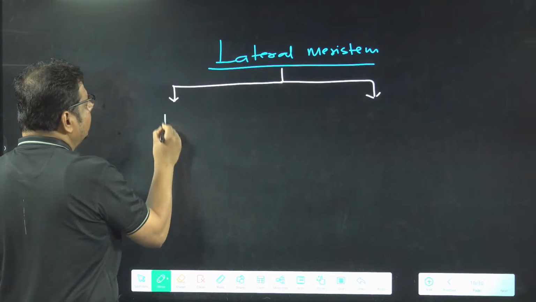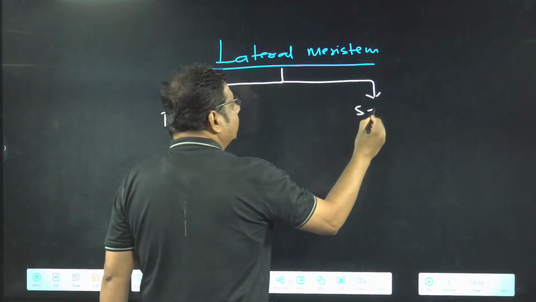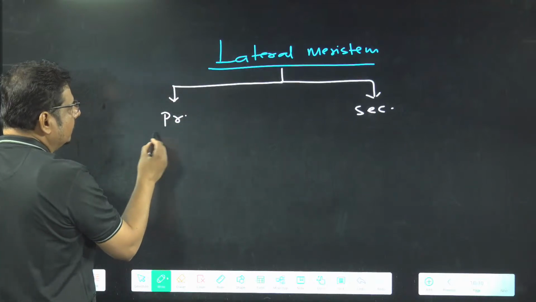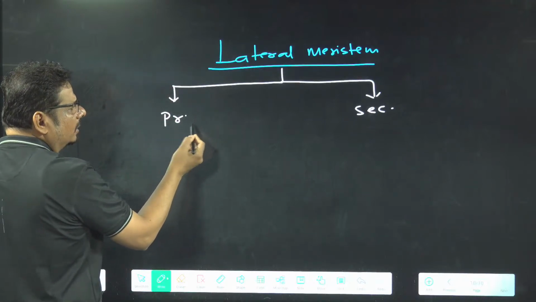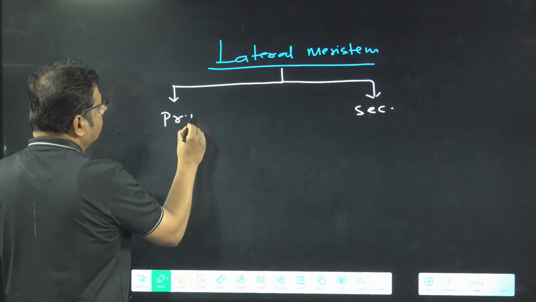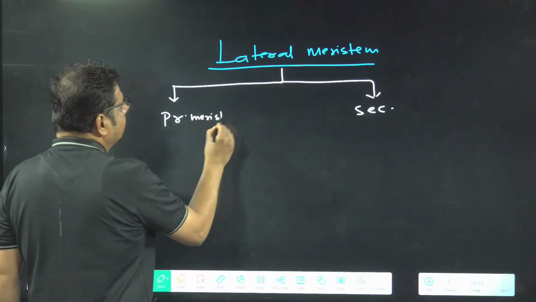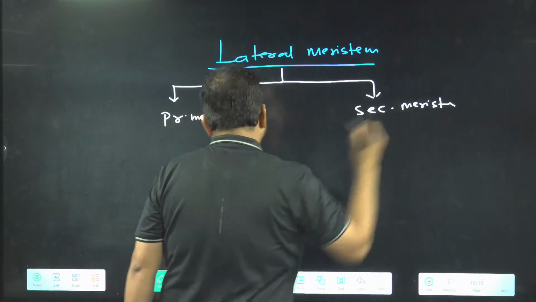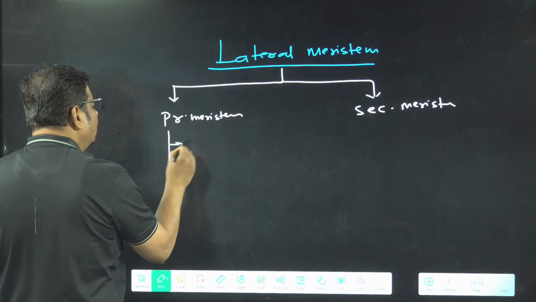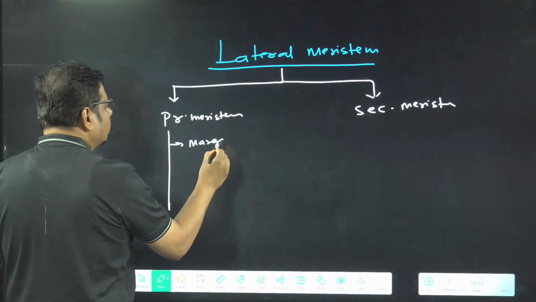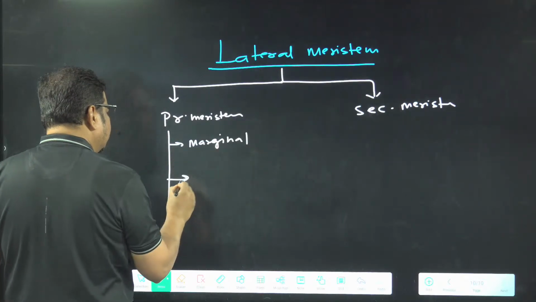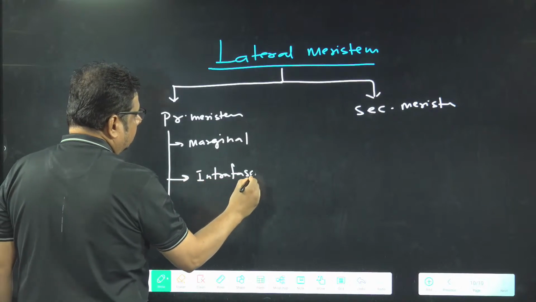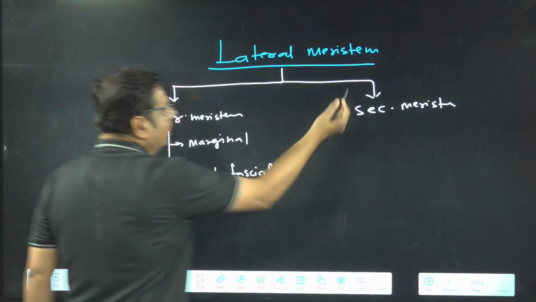So lateral meristem is either primary or secondary. Primary meristem can act as a lateral meristem, and secondary meristem also acts as a lateral meristem. Tell me the examples of primary: I told you marginal, and the second one is intrafascicular. I am revising it.